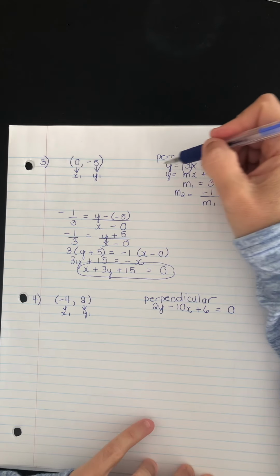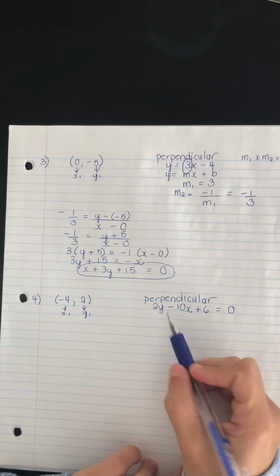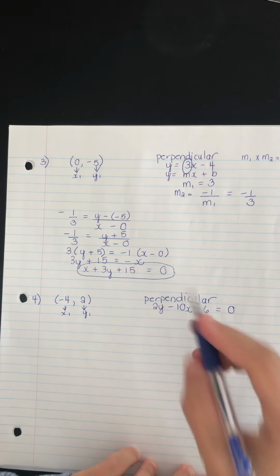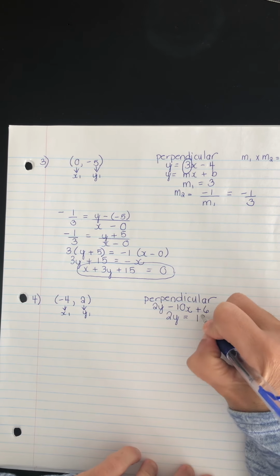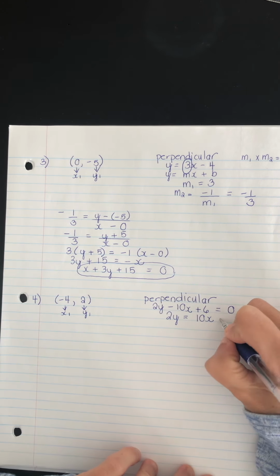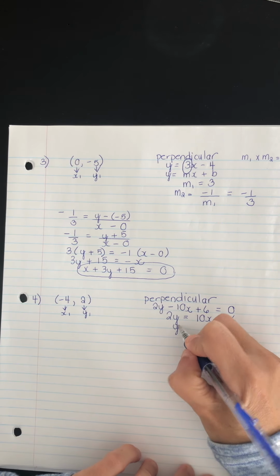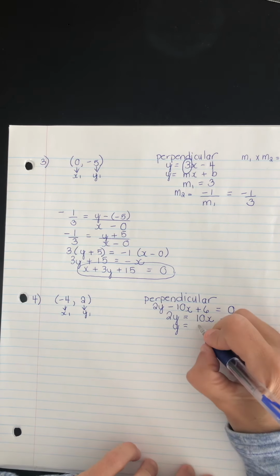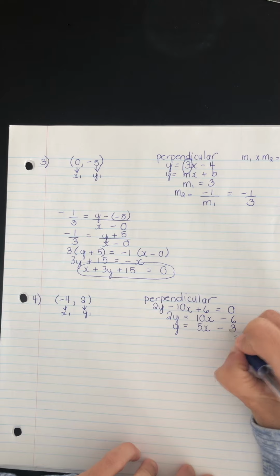Here it was already isolated. So in this question we have to begin by isolating y. So first isolate 2y. 2y will be positive 10x minus 6. Now isolate y by dividing the whole right side by 2. You will get 5x minus 3.